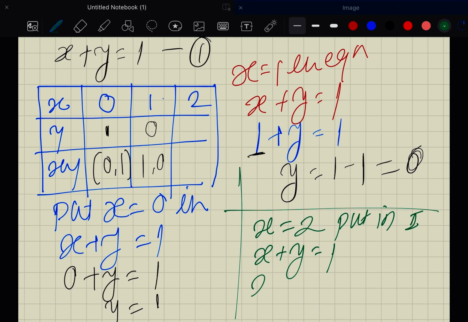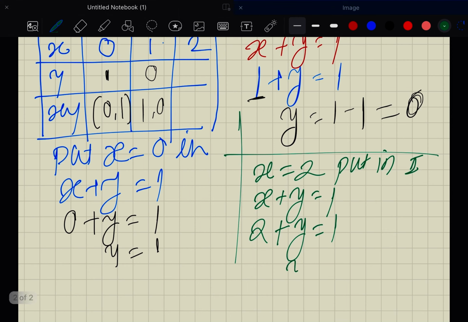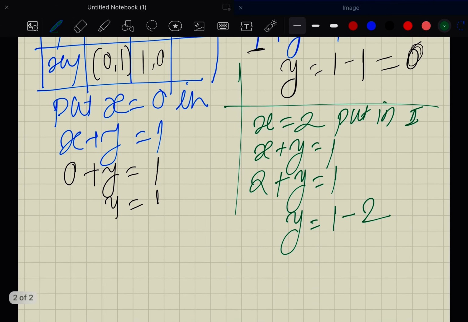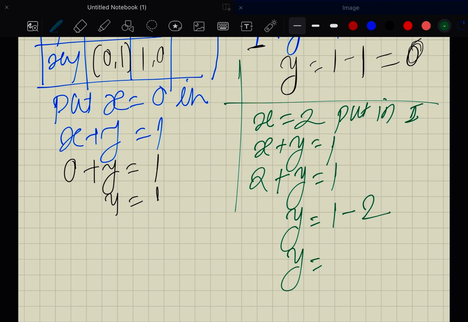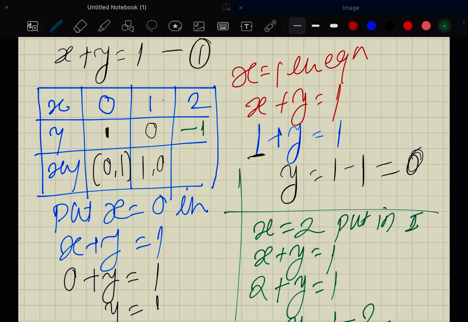Therefore 2 plus y equals 1. Now just migrate this. So we get y equals 1 minus 2. If we migrate the plus 2 there, it becomes minus 2. So your answer is y is equal to minus 1. Clear? So write down the data over here. y is equal to minus 1. So the points are 2 and minus 1.